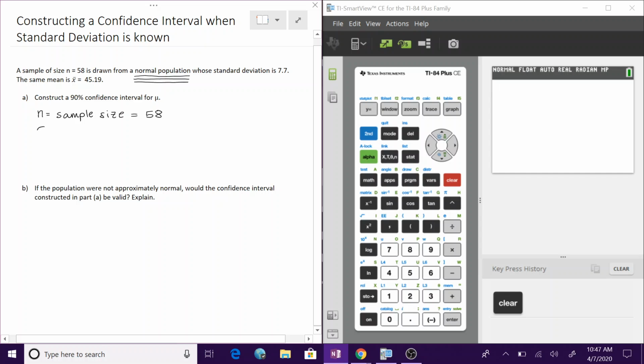We also need to know what our standard deviation is, our sigma, which is going to be 7.7, and then what our x bar equals, and that's going to be 45.19.